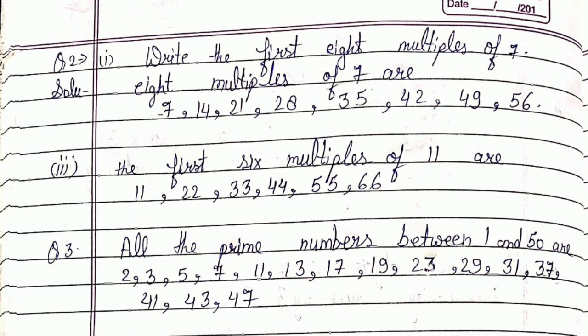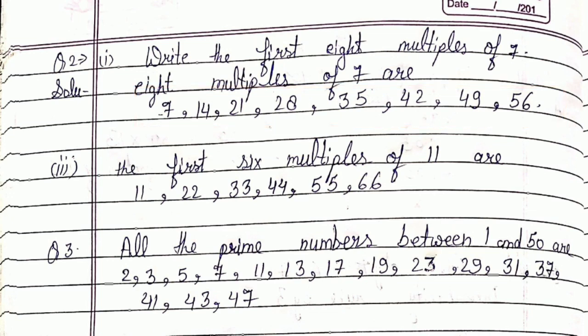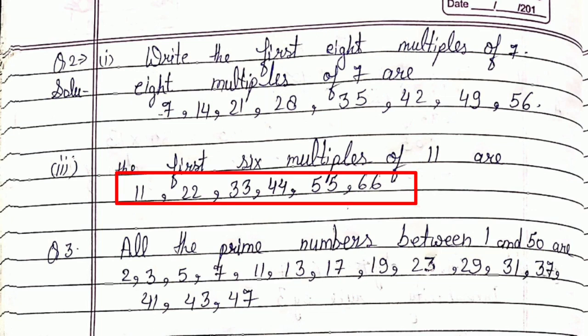The first 8 multiples of 7 are 7, 14, 21, 28, 35, 42, 49, 56. And the first 6 multiples of 11 are 11, 22, 33, 44, 55, 66. Starting 6 multiples we have to write, and that's over.